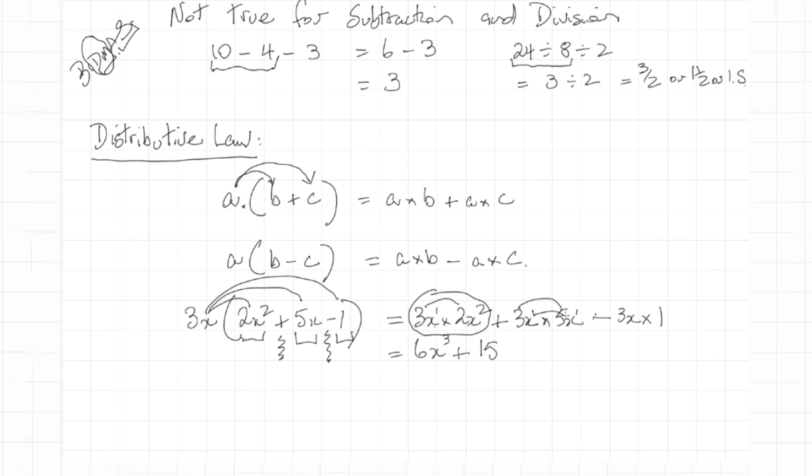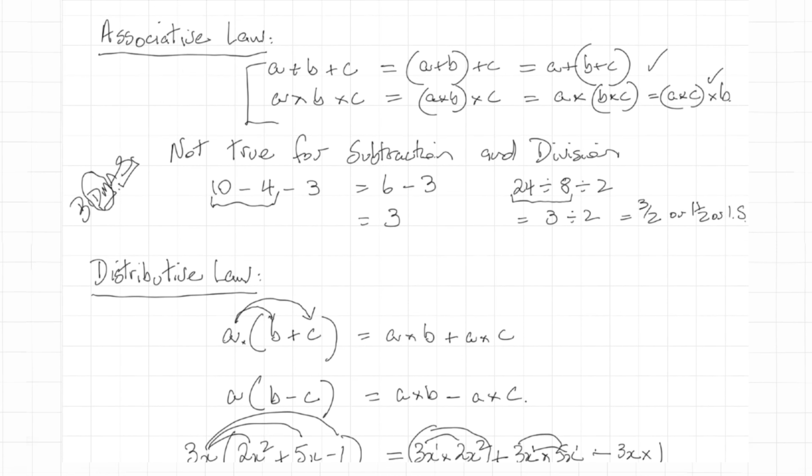By our laws of indices, you add the indexes. 1 plus 1 is 2, so that's x to the power of 2. Bring the minus down, 3x times 1, anything times 1 is itself, so it's just 3x. So there is the distributive law.